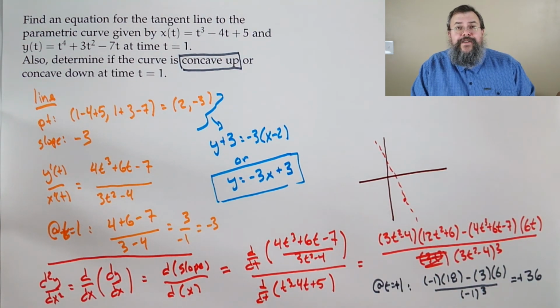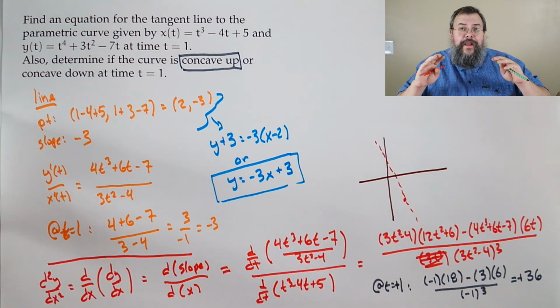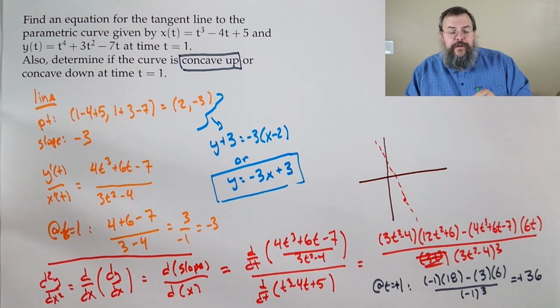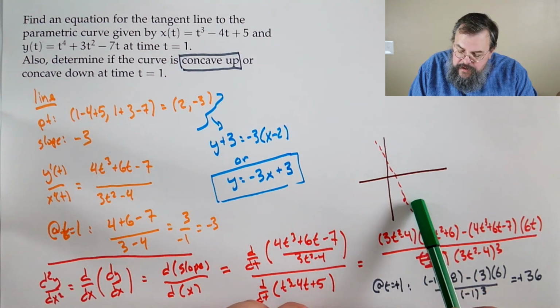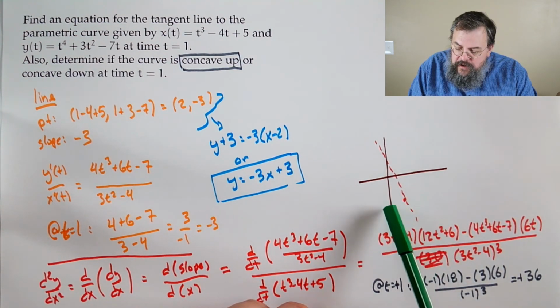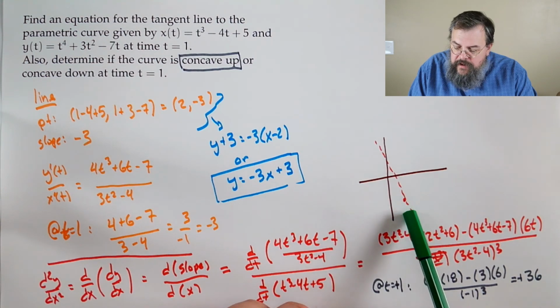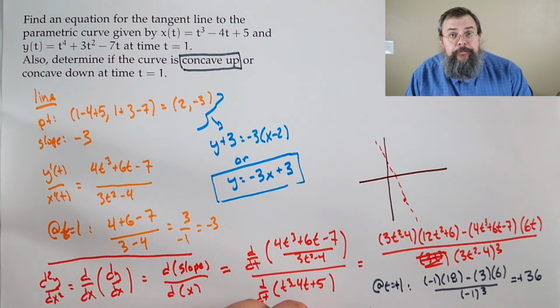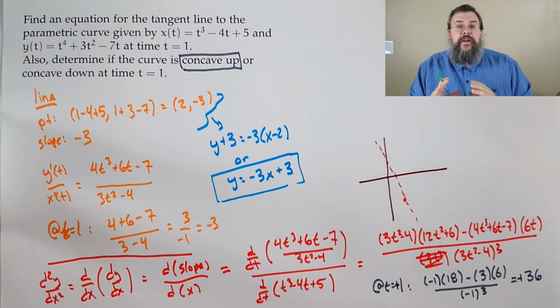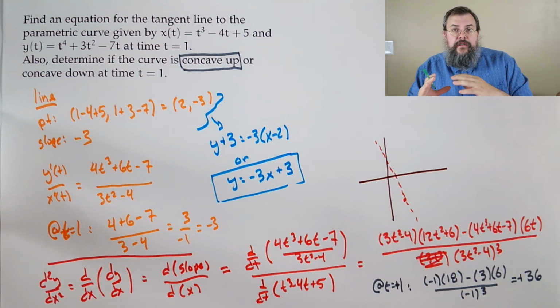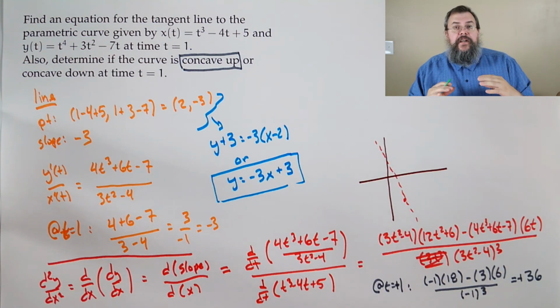But now we can ask, how does the curve fit into this picture? In other words, is it on that side or on this side? How can you figure that out? That's where the second derivative comes into play. The second derivative tells you how the curve comes off the tangent line.